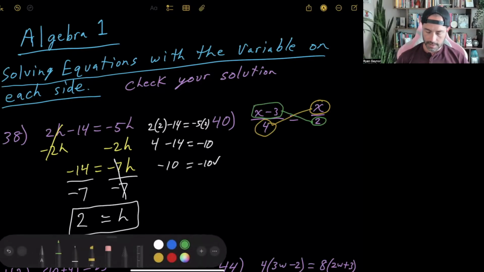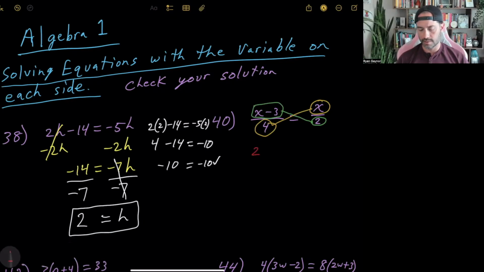All right, let's do this. We have x minus 3 times 2. I'm going to write it like this: 2 with a parenthesis x minus 3 is equal to the 4 times the x. So then we have 2 times x minus 3, so it's 2 times the quantity of x minus 3.